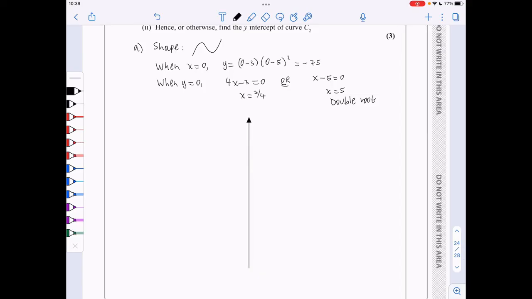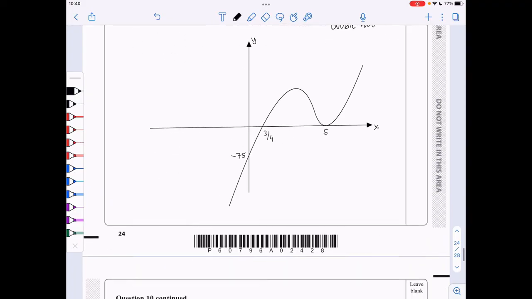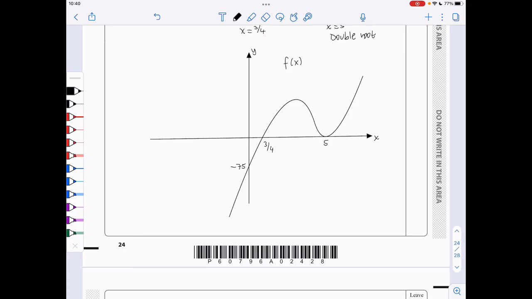So we draw the y-axis and the x-axis, and we've got a first cut on the y-axis at negative 75, and then we've got cuts at 3/4 on the x-axis and 5, and it's a double cut. So the shape agrees with what we had originally. So f of x is (4x minus 3)(x minus 5) squared.